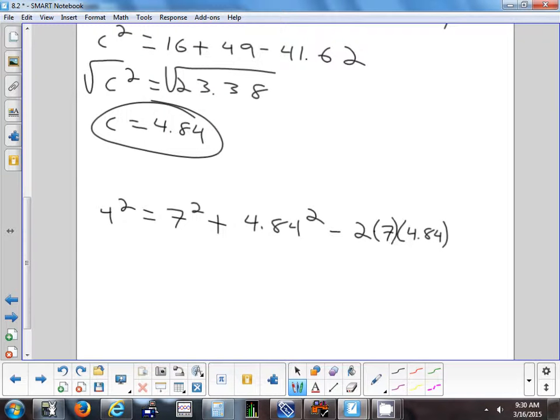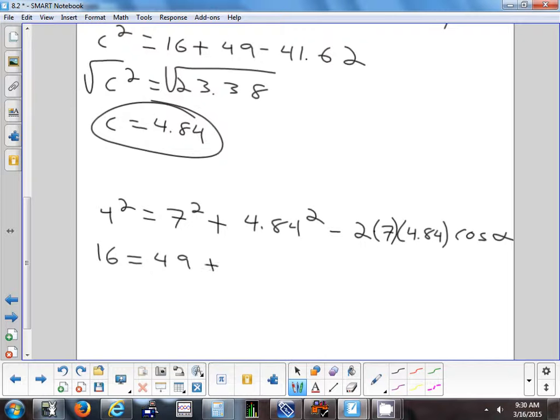I'm going to use parentheses there. I think the dot for multiplication with the decimal is going to look a little confusing. So 2, and then cosine of the angle we're looking for, alpha. Okay, now you just have to go through this very, very carefully with your arithmetic.